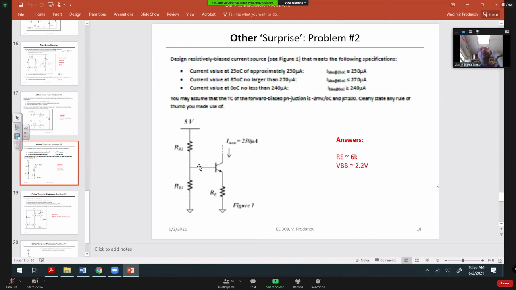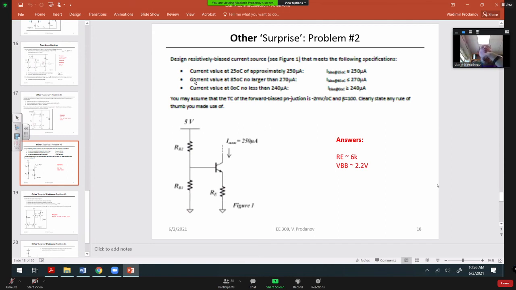Assume the base potential is a certain value, call it VBB. Assume that at nominal, your base emitter is about 0.7, and write an equation that contains the two unknowns, VBB and RE, so that the current is approximately 250 microamps. All of you know how to do this. VBB minus 0.7 divided by RE equals 250 microamps.